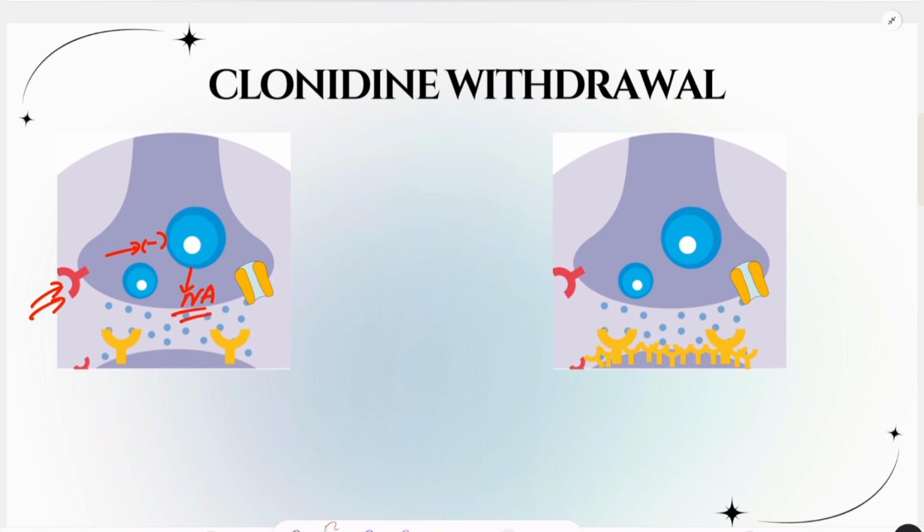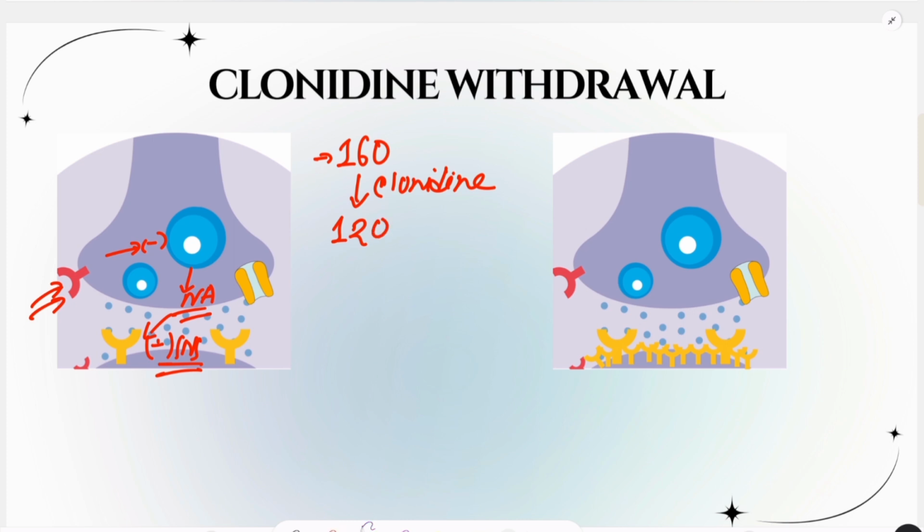As a result, it leads to decreased stimulation of the sympathetic nervous system, and the blood pressure is reduced. Suppose the person had blood pressure of 160, and by using clonidine, the blood pressure reduced to 120.